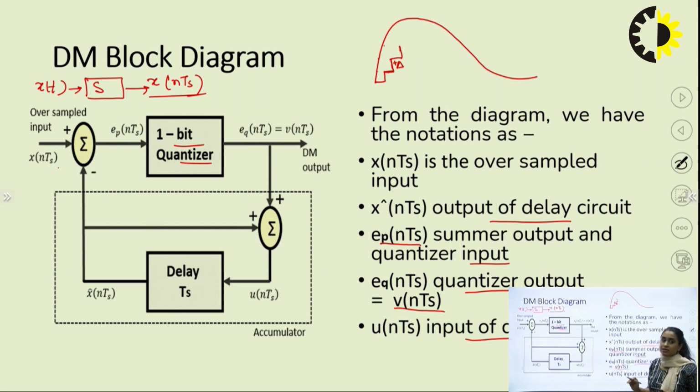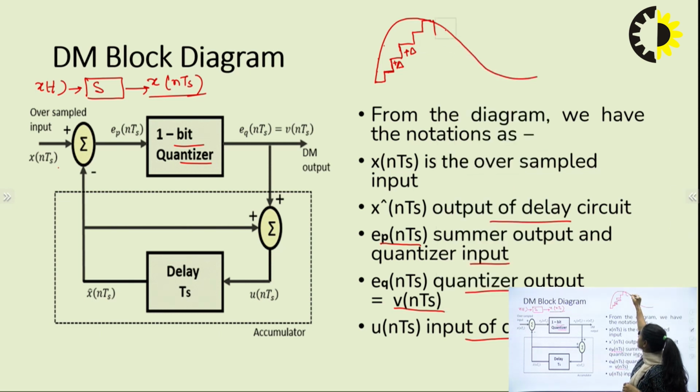For the very same reason, we can use a comparator as well, right, where one of the inputs will be the analog signal. It raises by plus delta, and we keep doing this at every Ts duration. Now see here what happens. Here my analog signal has a value which is smaller than the present sample here. So what do we do?